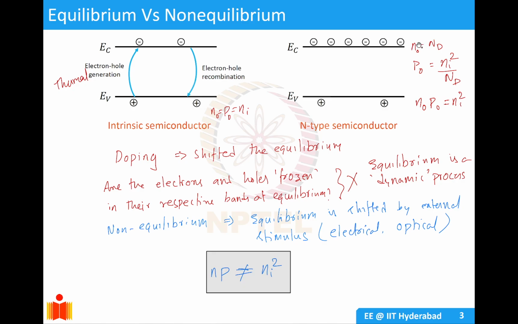N naught is given as your donor concentration. P naught is given as Ni square by Nd, and N naught times P naught equals Ni square. So due to doping, your equilibrium is shifted, but it is still in equilibrium.